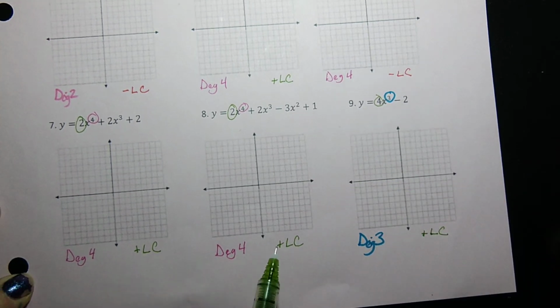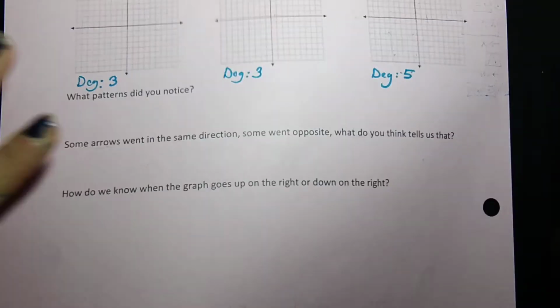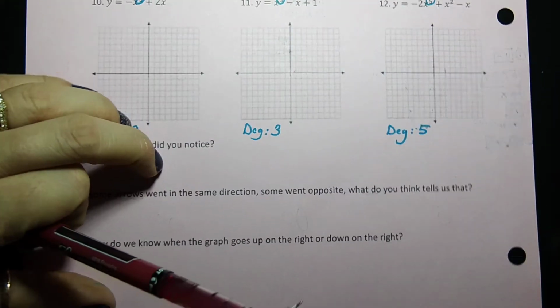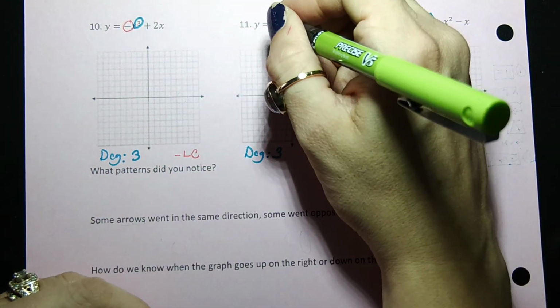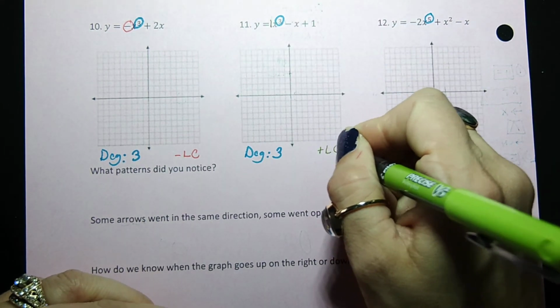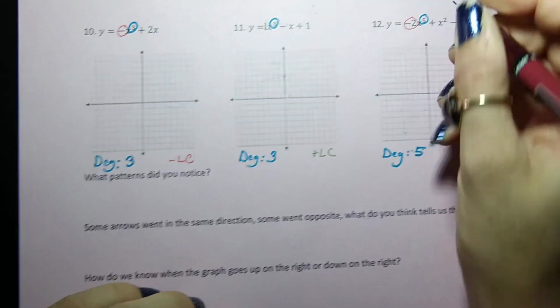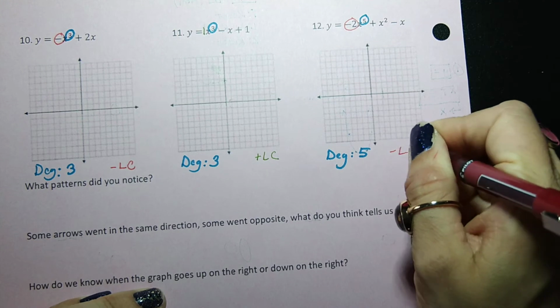So positive, positive, positive. On the back, negative leading coefficient, positive leading coefficient, negative leading coefficient.